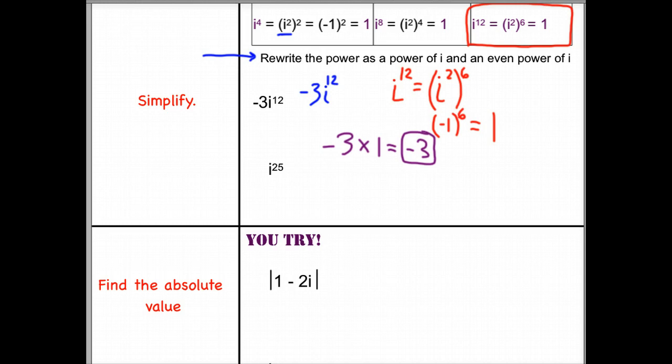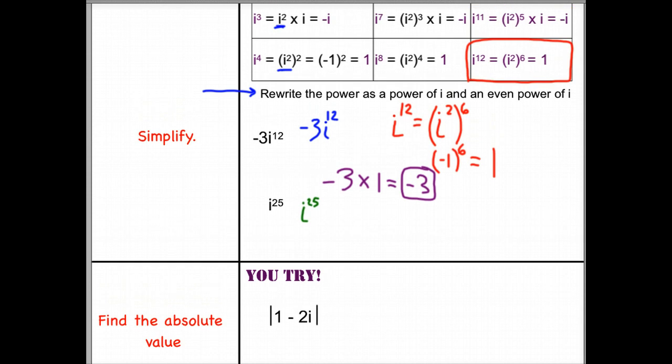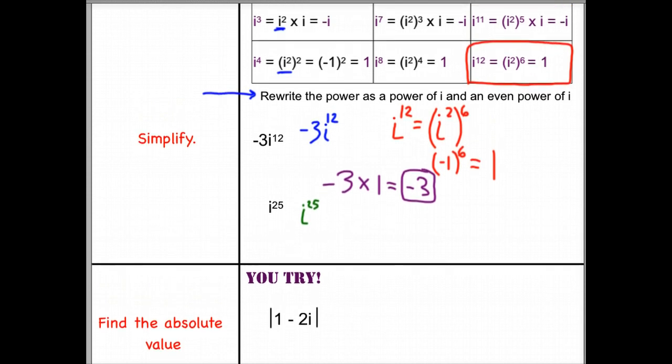The last problem we have in this lesson today is i to the power of 25. We want to rewrite it as an even power of i. How we can do that is we can pull out one single i, times i to the 24th power. So I'm going to leave that one i by itself.